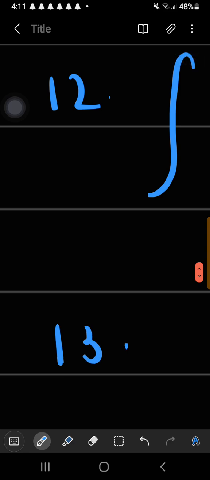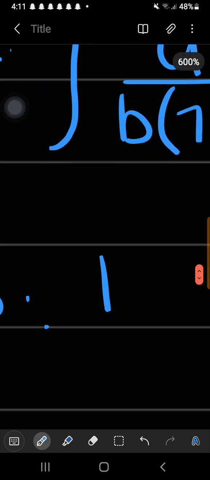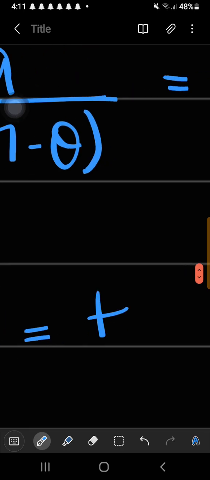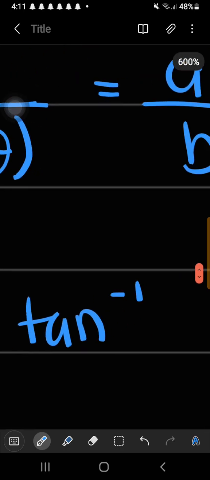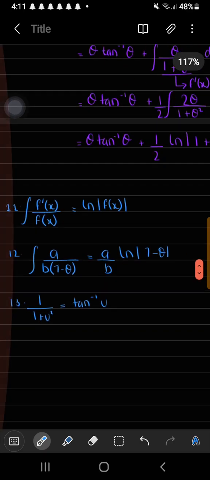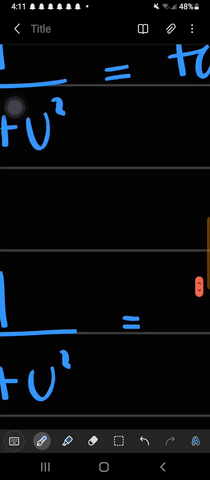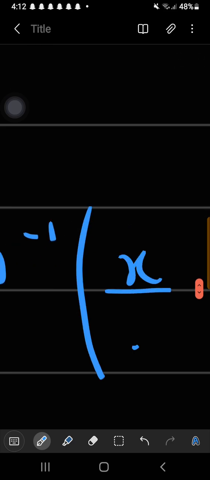Now 13, just some more properties. 13 is also an easier one. The integral of 1 upon 1 plus u square is equal to tan inverse u. Then the 14th is the integral of 1 upon a square plus u square, which will be the reciprocal of a times tan inverse x divided by a.